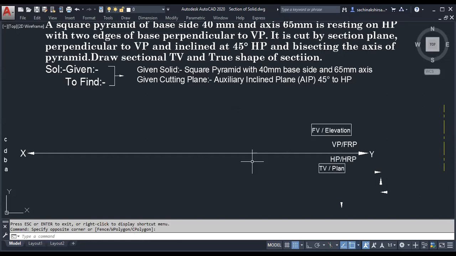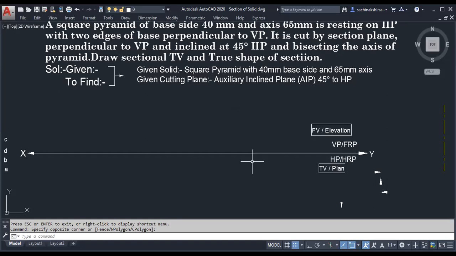Bisecting means this AIP will show its edge view or line view. Which view will show it? The front view; in the front view we are going to show the cutting plane. Okay, next one. How is a solid cut? Bisect: bi means two, tri means three, tetra means four.